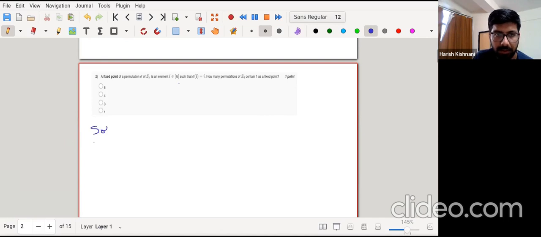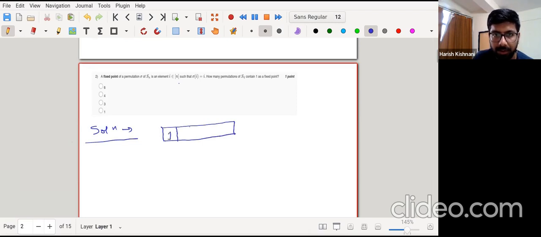So I will just follow whatever you said. Let's think of it like a tray with four symbols. And the first slot is fixed because they are saying that 1 has to be fixed.